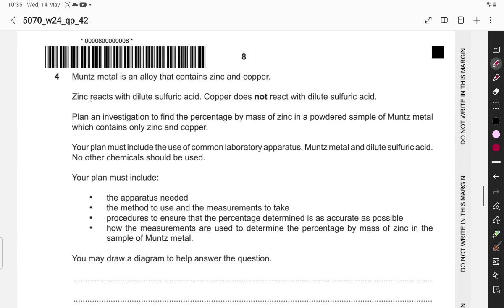Question number 4. Monel metal is an alloy that contains zinc and copper. Zinc reacts with dilute sulfuric acid. Copper does not react with dilute sulfuric acid. Plan an investigation to find the percentage by mass of zinc in a powder sample of Monel metal which contains only zinc and copper. Your plan must include the use of common laboratory apparatus, Monel metal and dilute sulfuric acid. No other chemicals should be used.